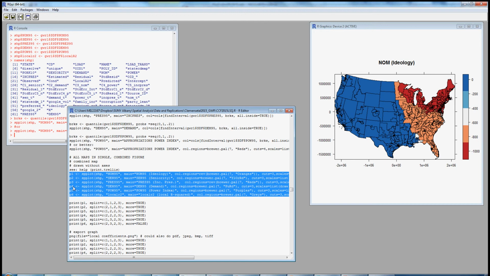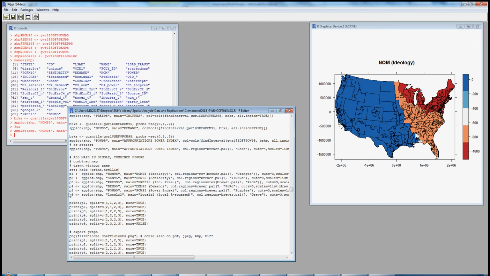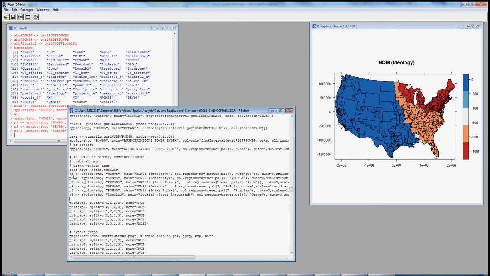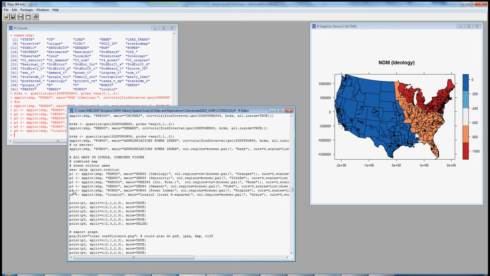So we could generate all 5 maps here plus the local R squared map on the bottom. So we're going to generate all 6 maps at once. So that's P1, P2, P3, P4, P5, and P6. And then we could combine them all in a single plot. More equals true means that there's another plot to add. And then here you have your splits.